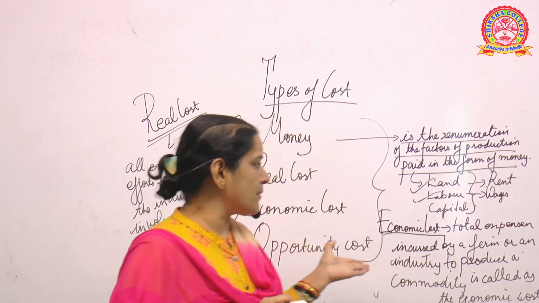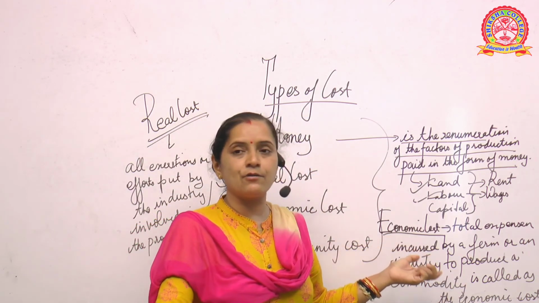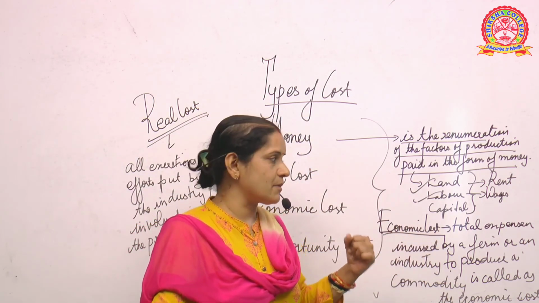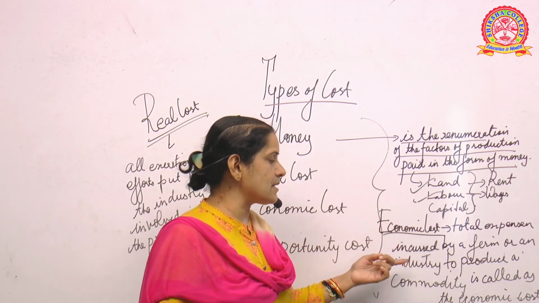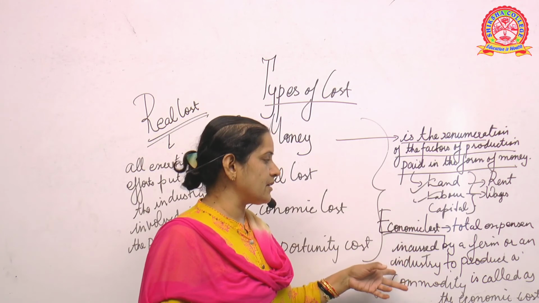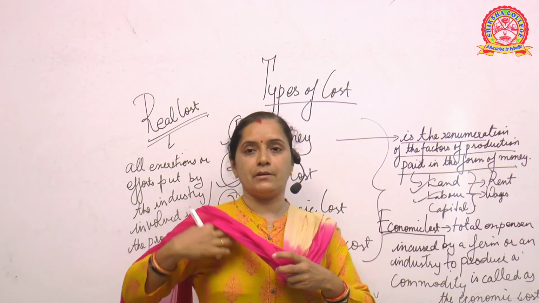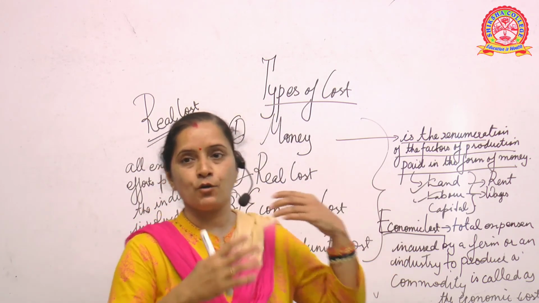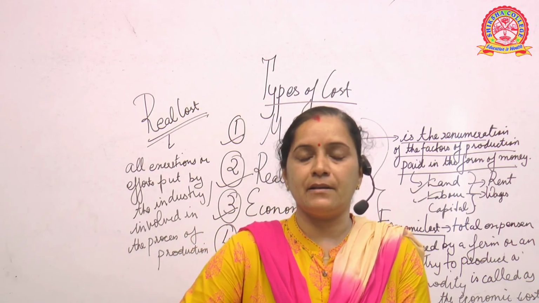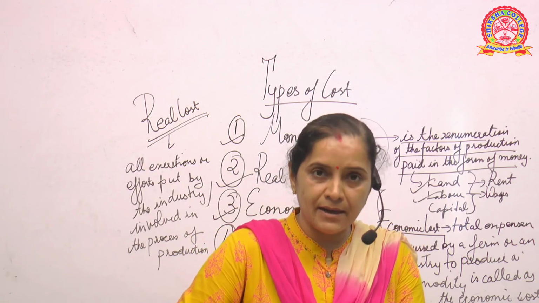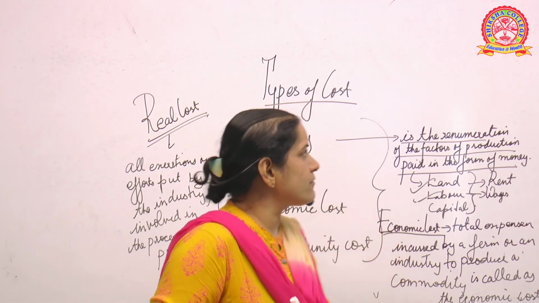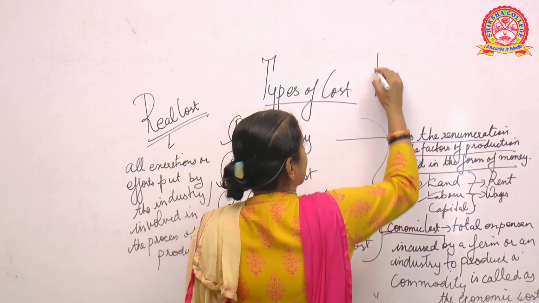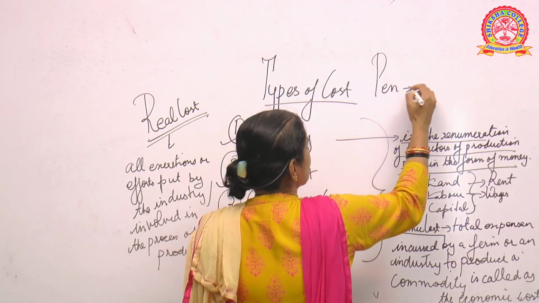So when we are talking about economic cost, we are using this word in a broader sense, because economic cost includes the total expenses incurred by the firm and industry to produce a commodity. Suppose I am talking about the manufacturing of a pen.